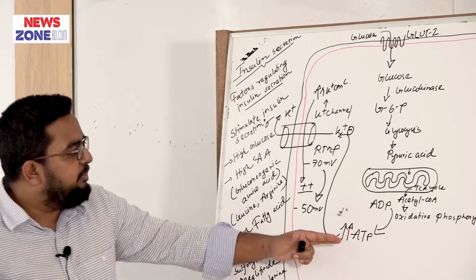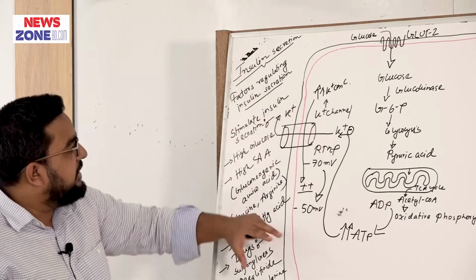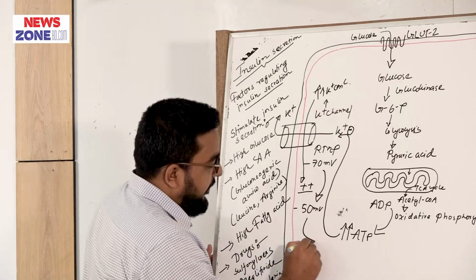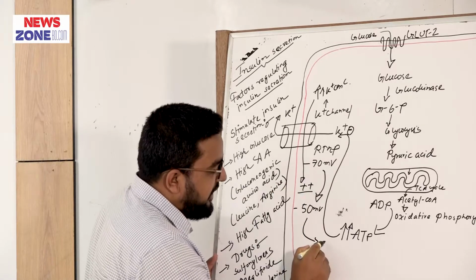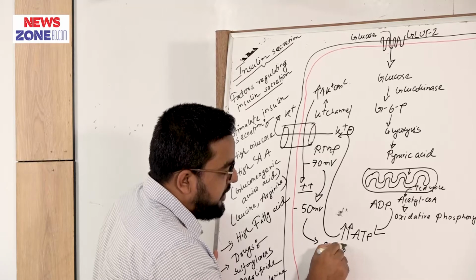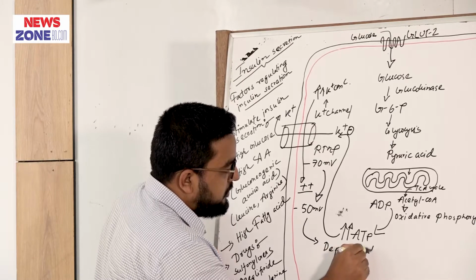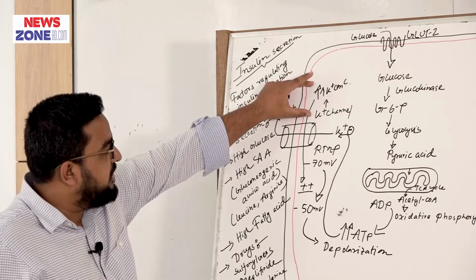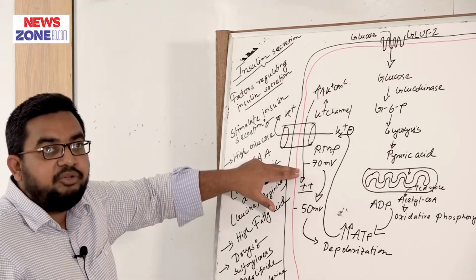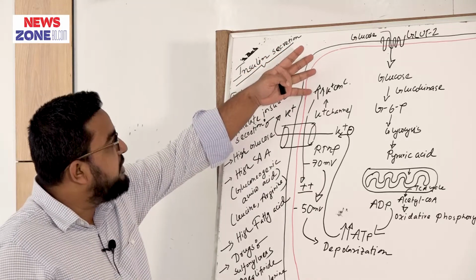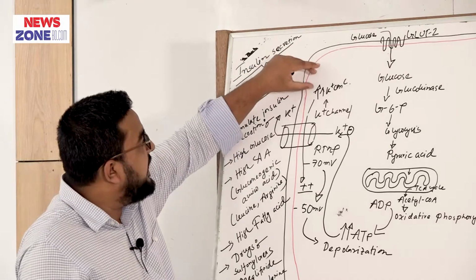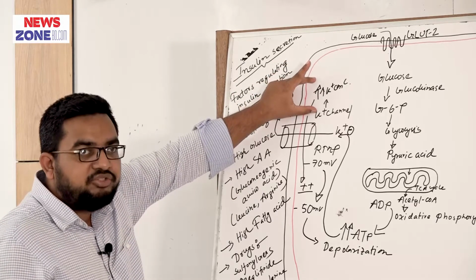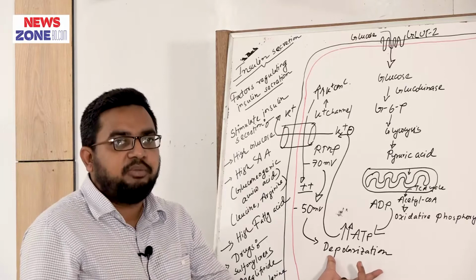When the ATP blocks the potassium channel, the cell becomes depolarized, because there is increased positivity in the cell and decreased negativity.